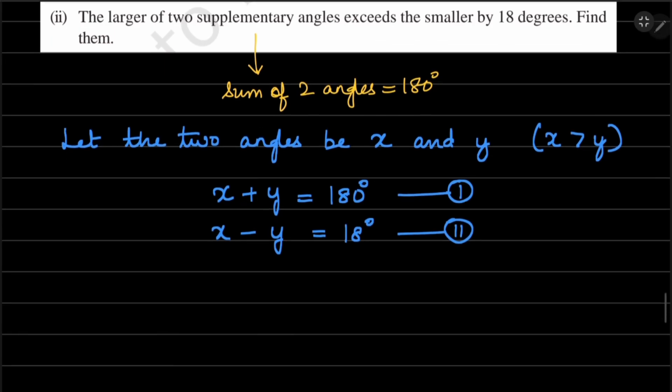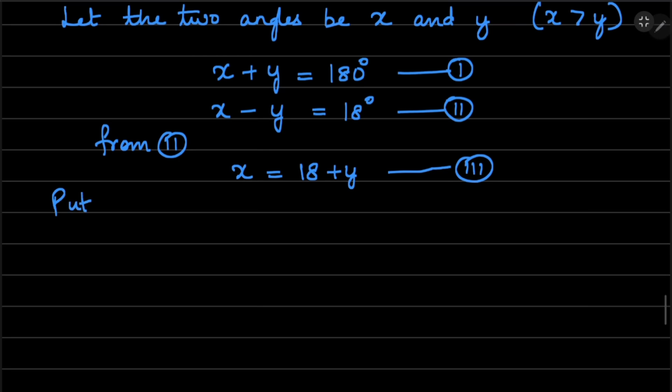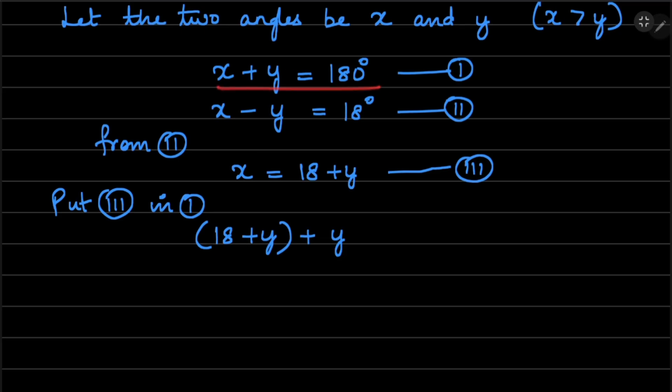Right? Let us use the substitution method. So from equation 2, we can write x is equal to 18 plus y, and this is your equation number 3. So put equation 3 in equation 1. What do you get? In place of x, I'll write 18 plus y. Again, you have a plus y in equation 1 is equal to 180 degrees.